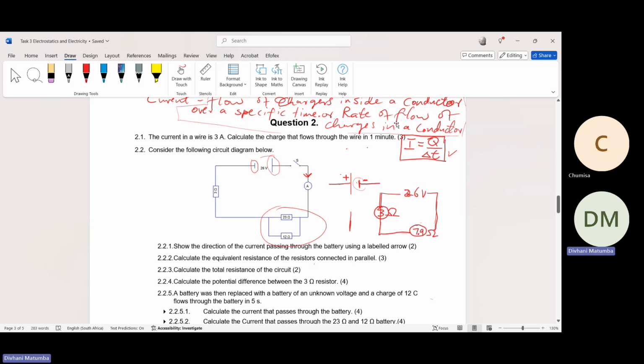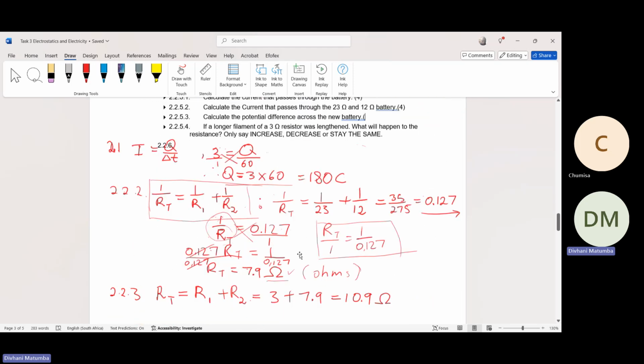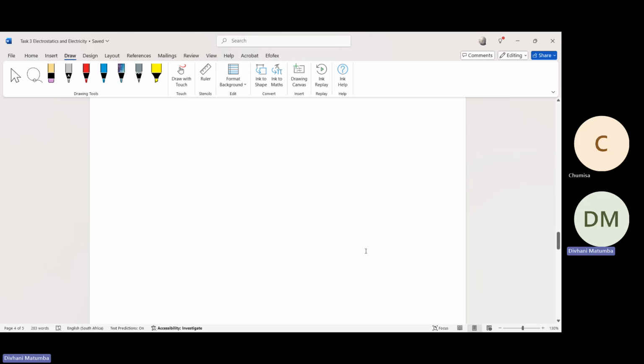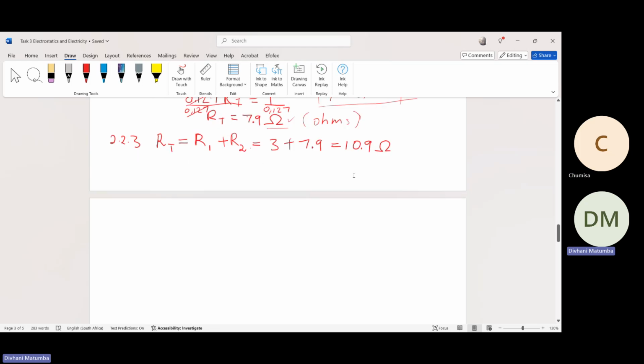All right. Where did we end last week? It was 2.2.3. Okay, so what is the formula for calculating the resistance of resistors in parallel?